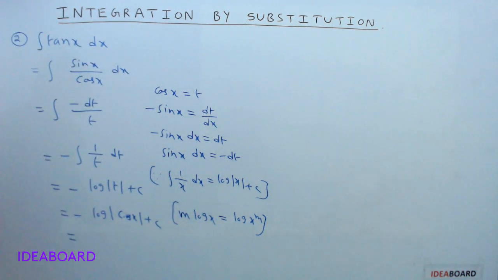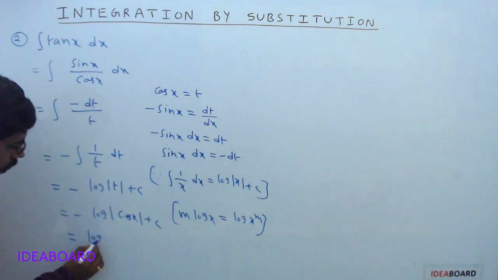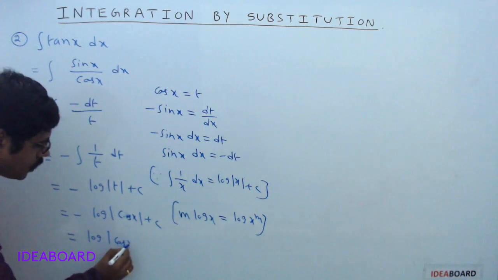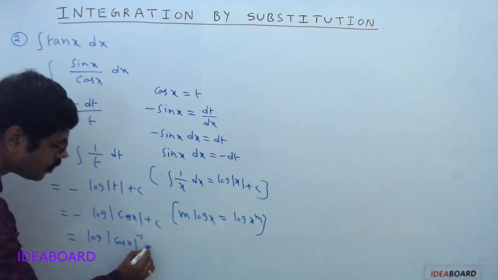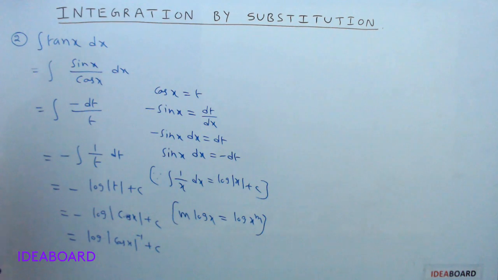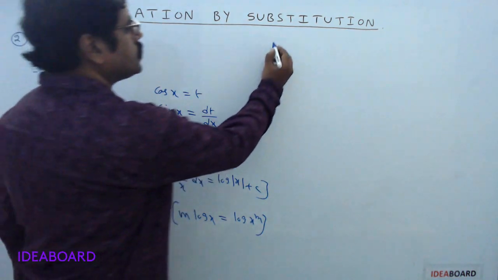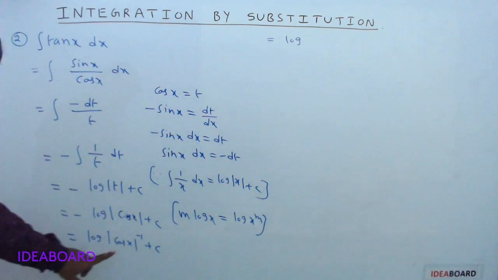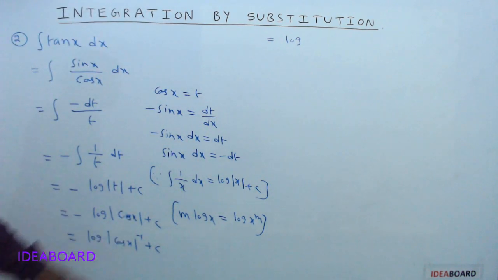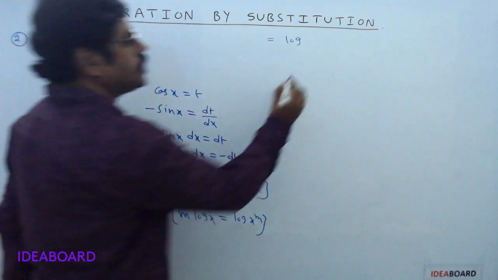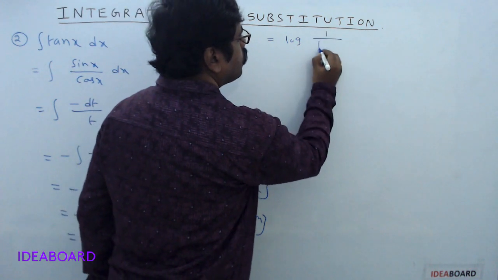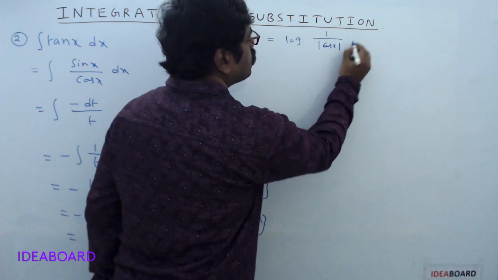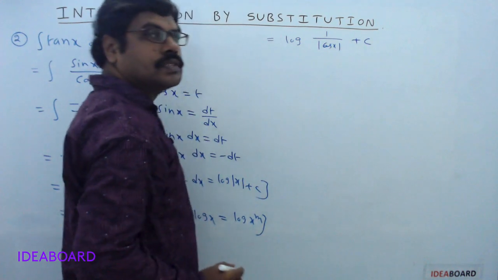This term can be expressed as logarithm of modulus of cos x power minus 1 plus a constant c. Now this equals logarithm of mod cos x whole power minus 1, which can be taken as 1 upon mod cos x, plus a constant c.